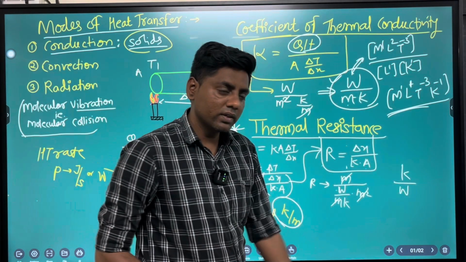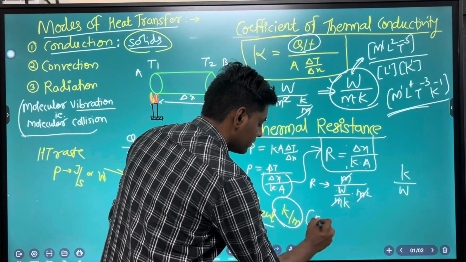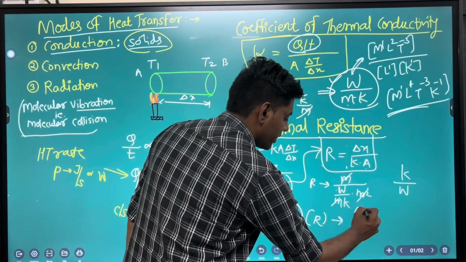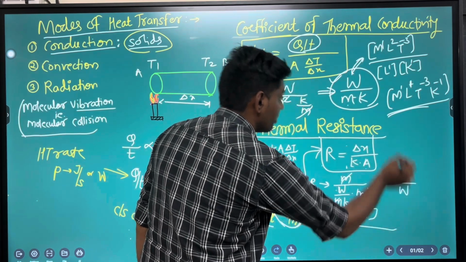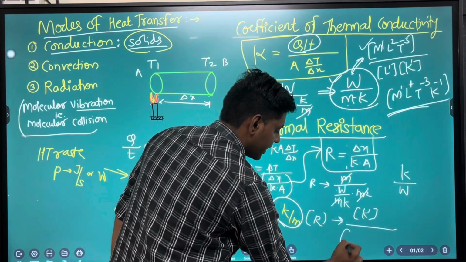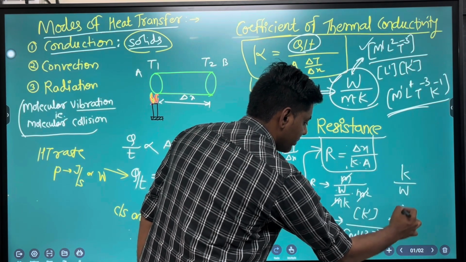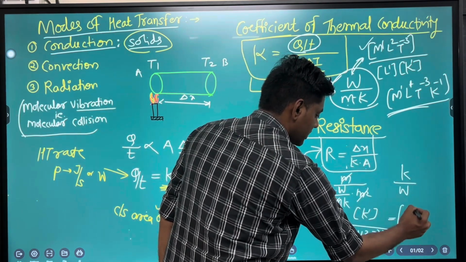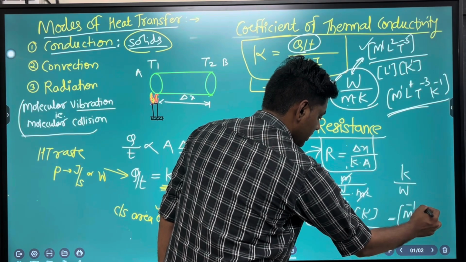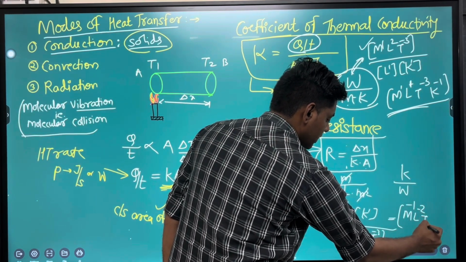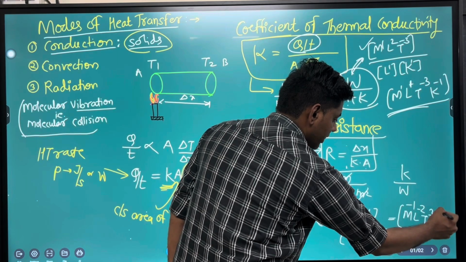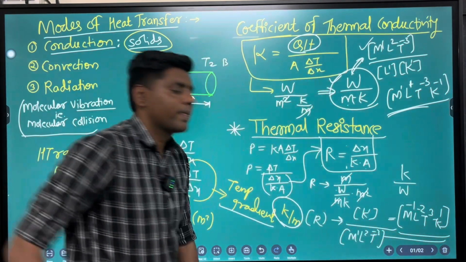We already know the dimension of Kelvin is K1, and the dimension of watts we already calculated, that is M1 L2 T minus 3. Therefore the dimension formula becomes M raised to minus 1 L minus 2 T3 and K raised to 1.